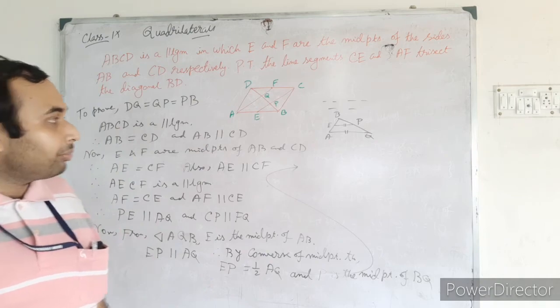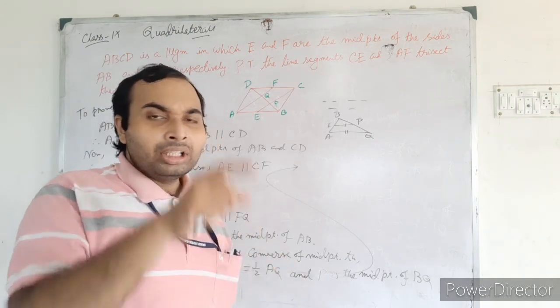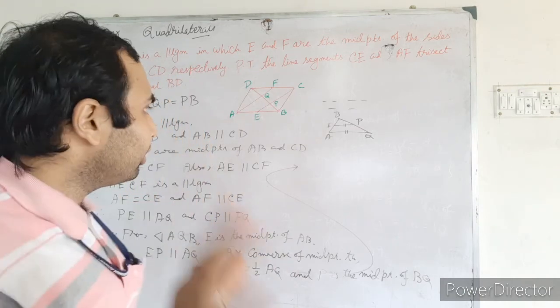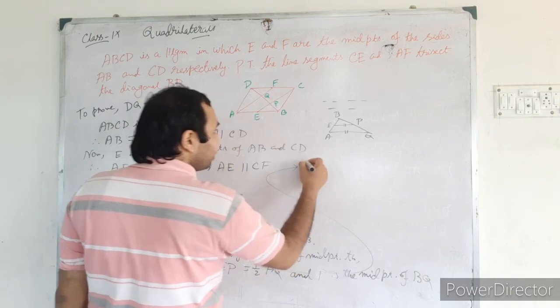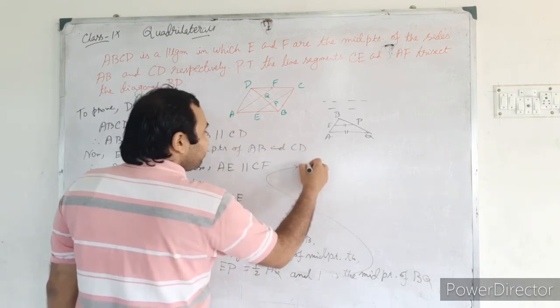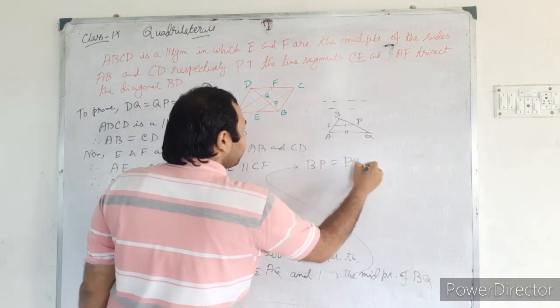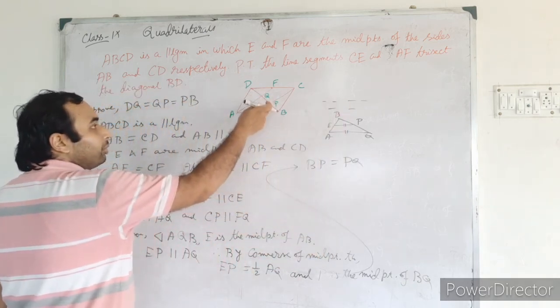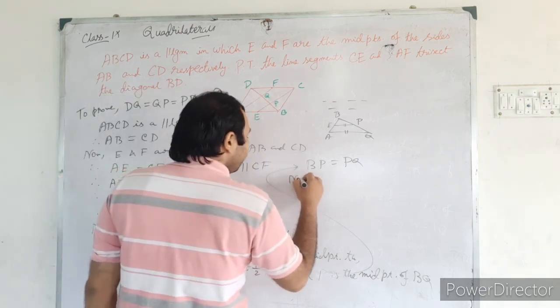If you can't remember the converse of the midpoint theorem, just see my previous video, there the total proof is there, you can remember it. Okay, so from this logic we can say BP is equal to PQ, because P is the midpoint of BQ, so definitely this part is equal to this part.